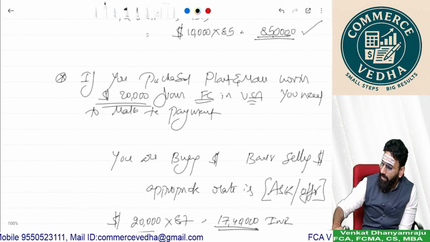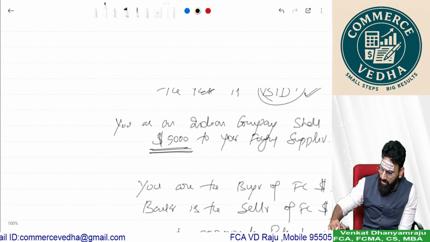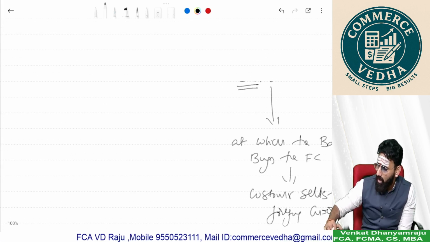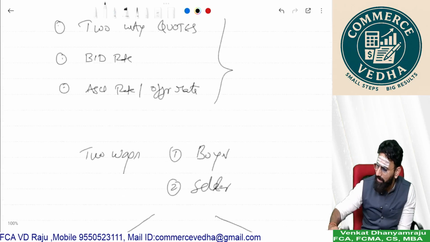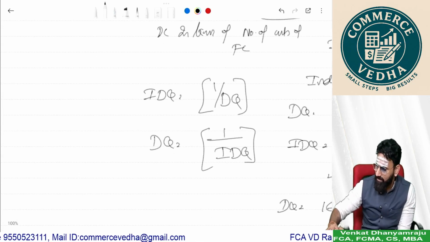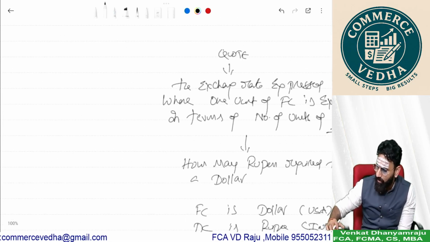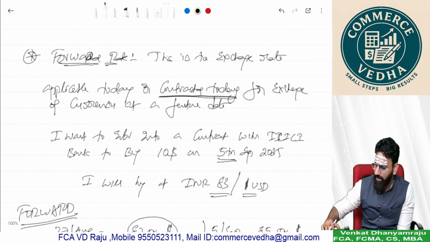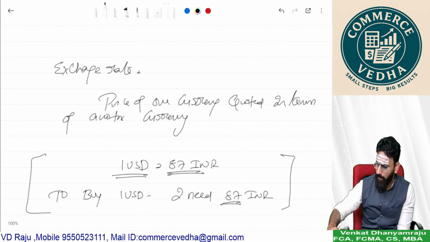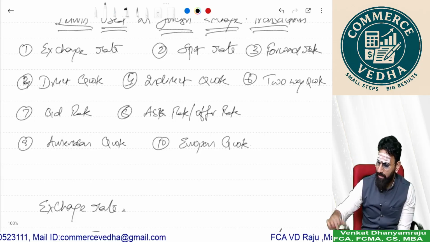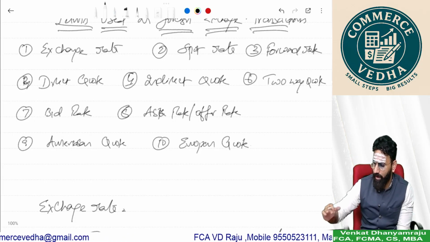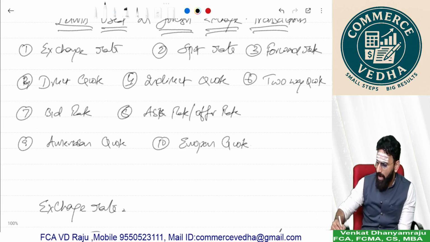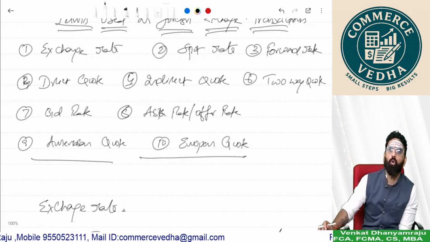So in the initial first page, what I have written here is what we are going to cover in the basic session. We are going to cover the following items: exchange rate, spot rate, forward rate, direct quote, indirect quote, two-way quote, bid, ask, and American and European quotes.